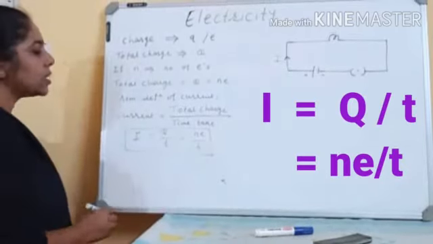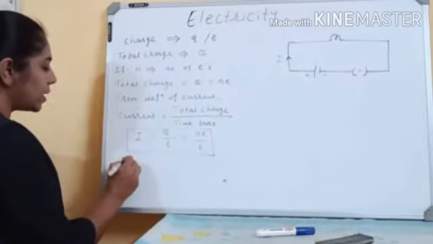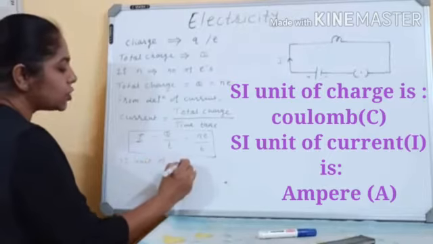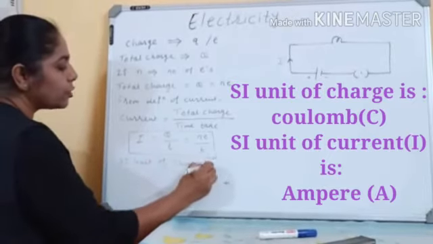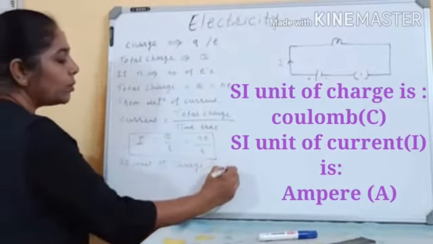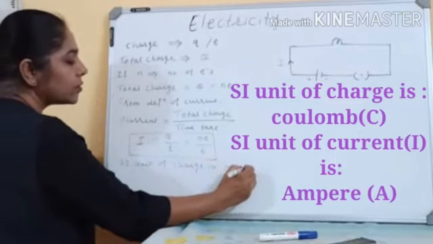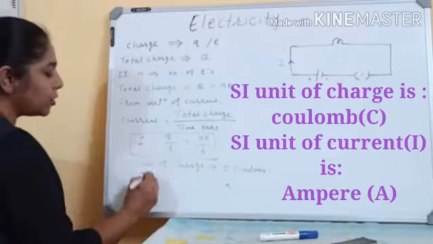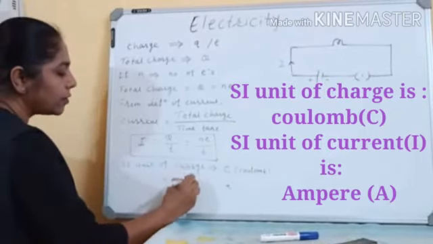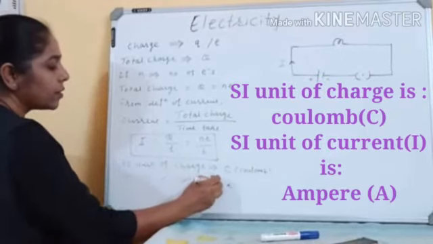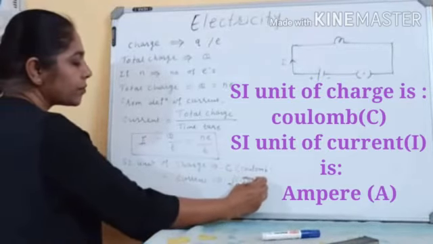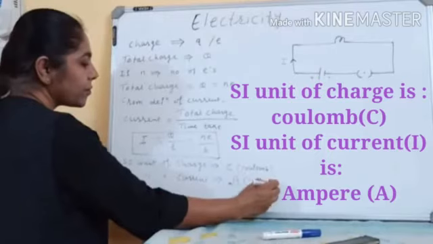Now we will discuss the units. First, charge: the SI unit of charge is the coulomb, C. And the SI unit of current is the ampere.